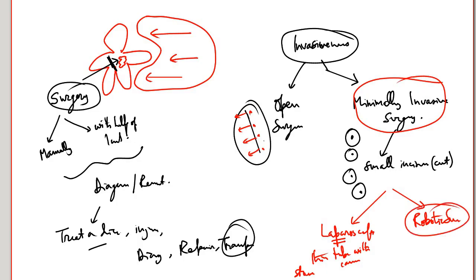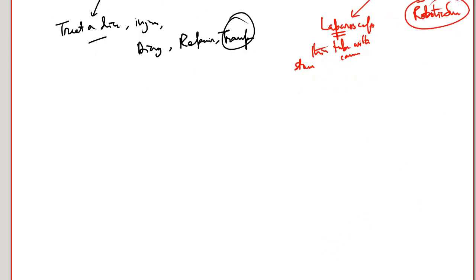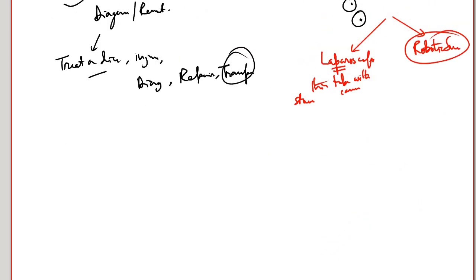Let me show you what happens in a robotic surgery. Suppose this is the patient, and here is the doctor. Now the doctor doesn't work directly on the patient just like in the traditional ones.